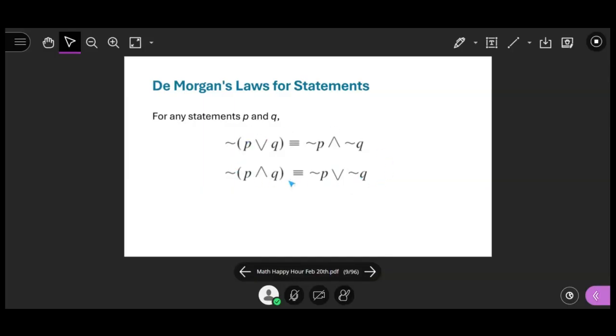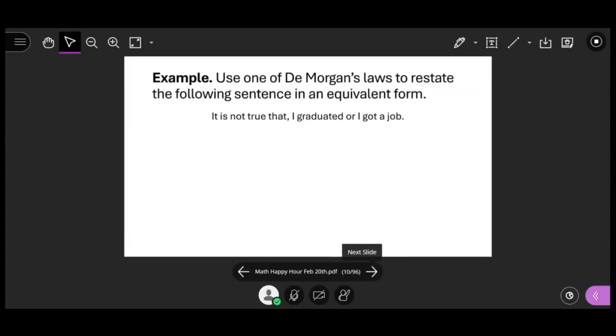Because we know that if we were to create a truth table, the last column for the left side and the last column for the right side would be the same, we can always use De Morgan's law to show equivalency. For example, it says use one of De Morgan's laws to restate the following sentence in an equivalent form. The sentence is, it is not true that I graduated or I got a job.